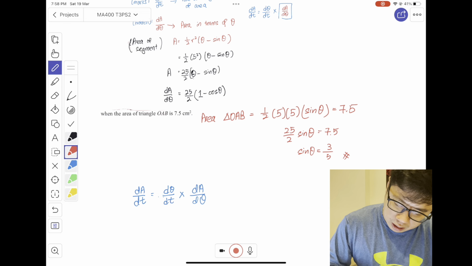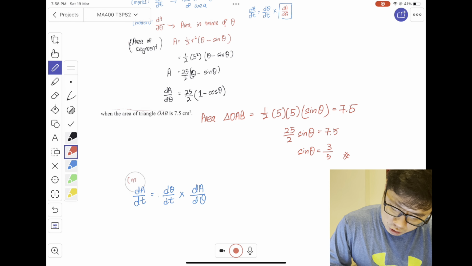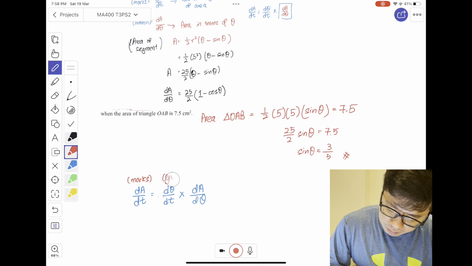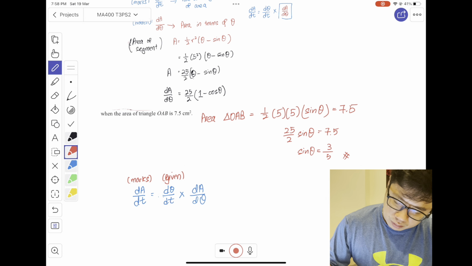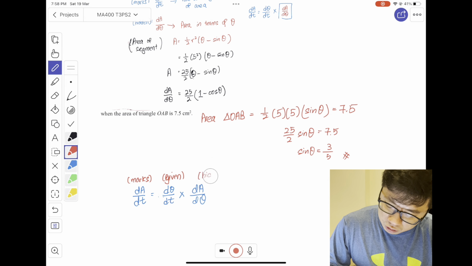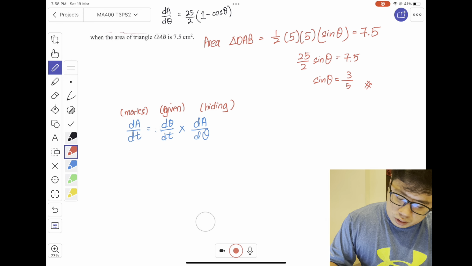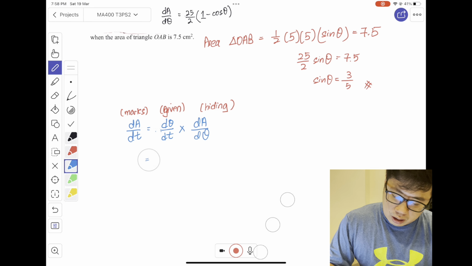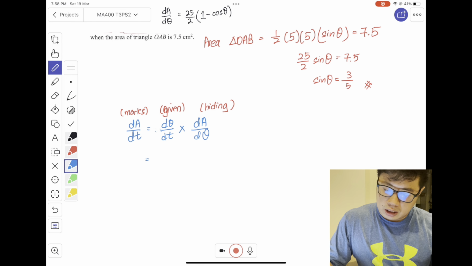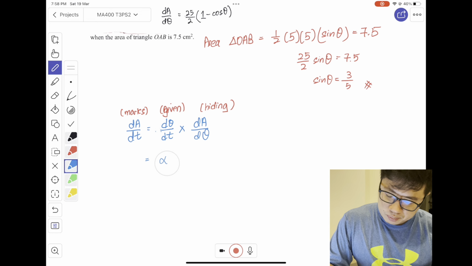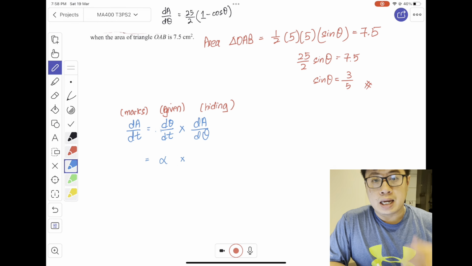We note that dA/dt is the one we're supposed to find, d theta/dt is the one that is given, which is alpha, and dA/d theta is the one we have found after the differentiation. So dA/dt is alpha multiplied by dA/d theta.